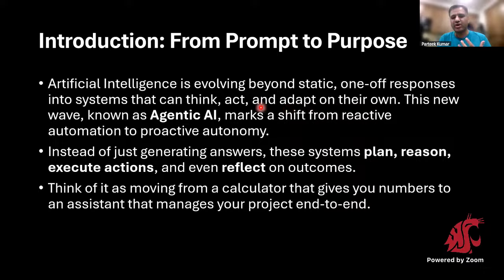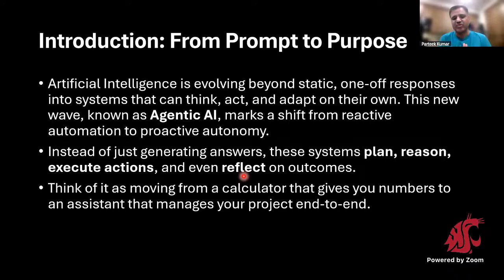So we are looking for an agentic AI system as an autonomous system which can think, act, and adapt according to our needs. Instead of just generating answers, the system can plan, reason, execute action, and reflect on the outcome. So it's mainly about automation, where a large language model acts as the brain of that system, and this large language model helps the system to plan, reason, and execute action.